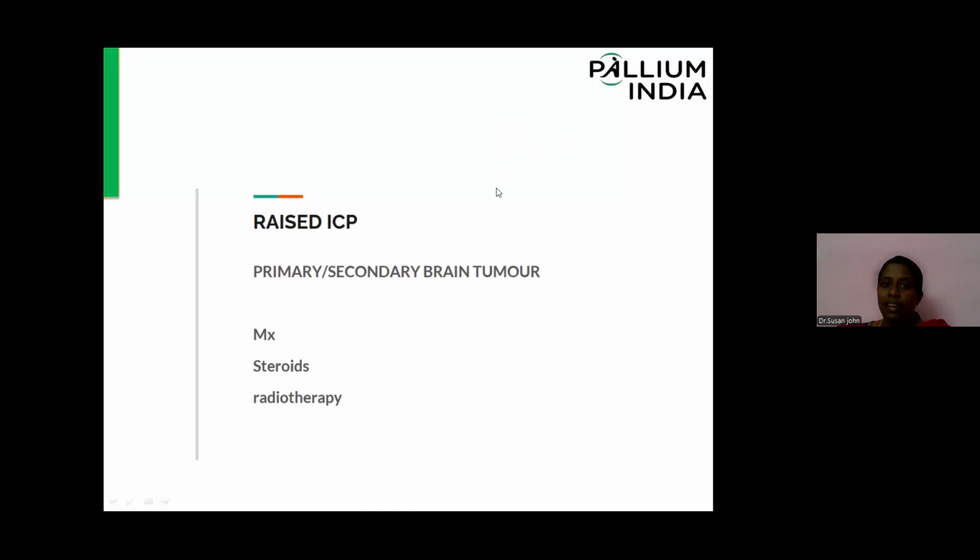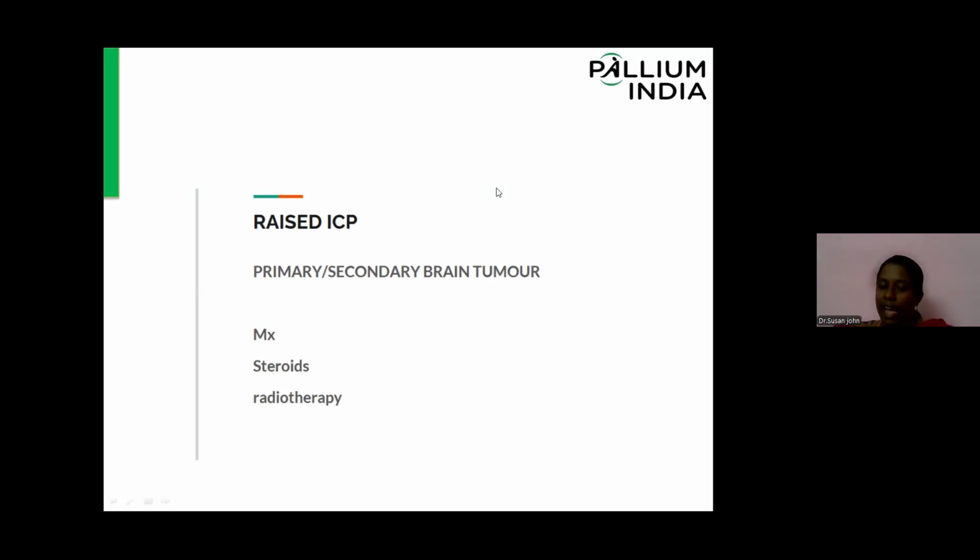The caregiver will tell, the patient will start vomiting and it will reach far from the patient. That is away from the patient. That is projectile vomiting. So this is a typical picture, a clue for us to identify that something is causing raised intracranial pressure. In that case, usually we give steroids, that is dexamethasone, and we can give injections or oral steroids, and also we can consider radiotherapy.